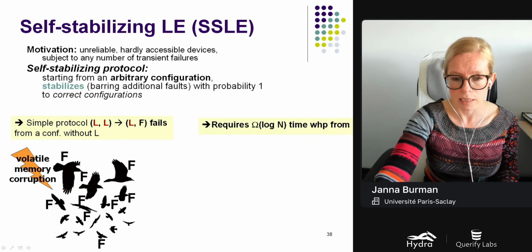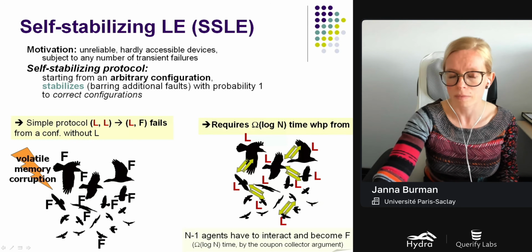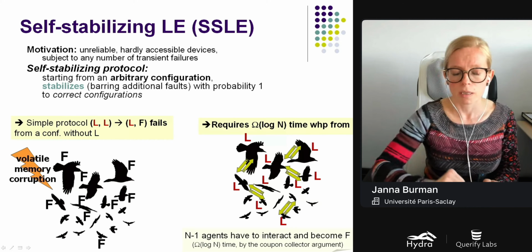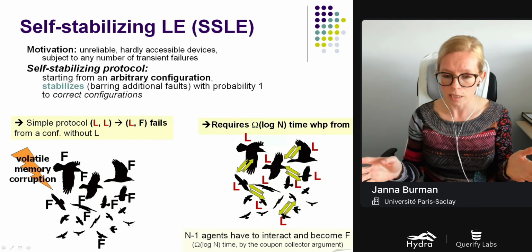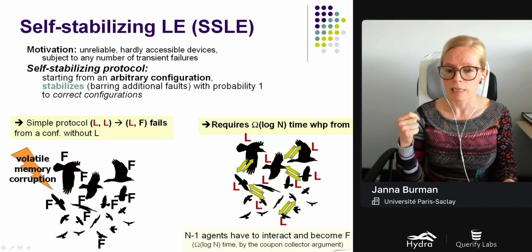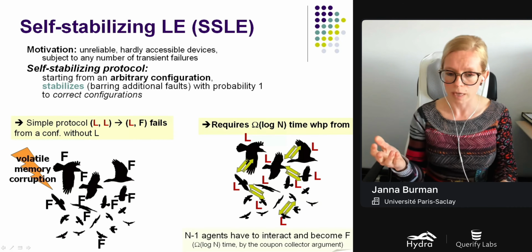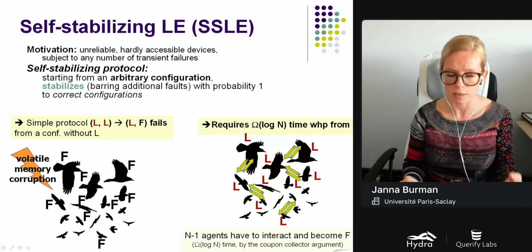Another result is that we need at least logarithmic time to produce a leader. For example, if we start from a configuration where all the agents are leaders, at least n-1 agents have to interact at least once to become a follower, because if they don't interact, nothing happens. They stay in the same state.